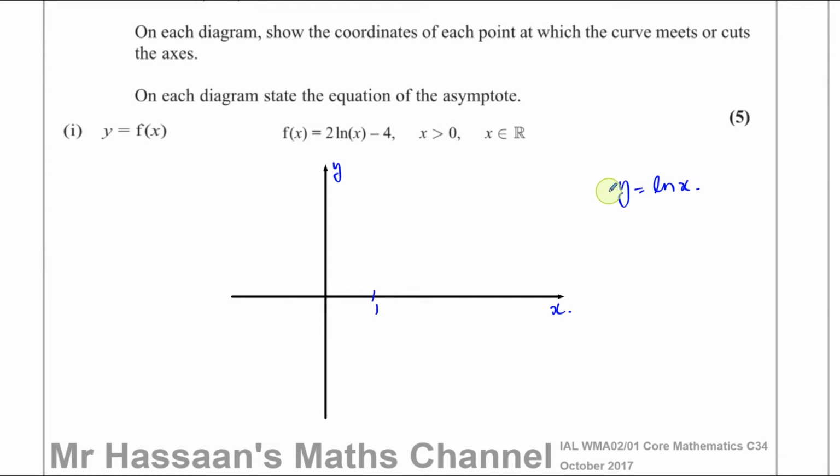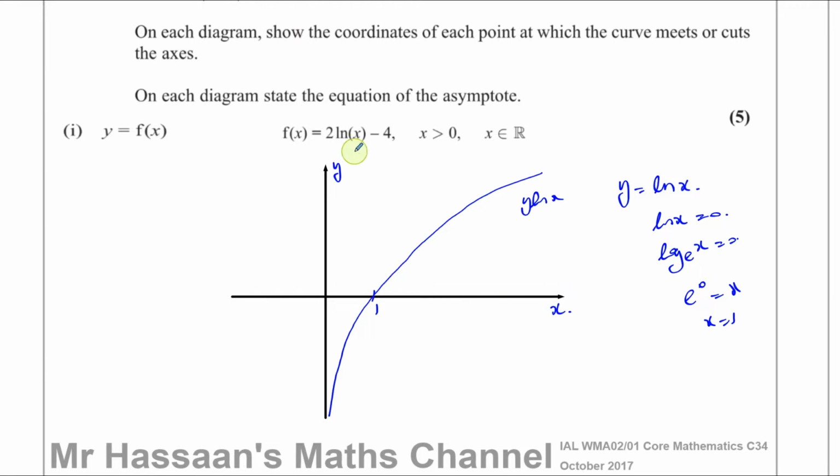Because when y equals 0, you get ln x equals 0. This means log to the base e of x equals 0, so e to the power of 0 equals x. So x is equal to 1, since anything to the power of 0 is 1. It's going to be a graph that looks something like this. That's y equals ln x.